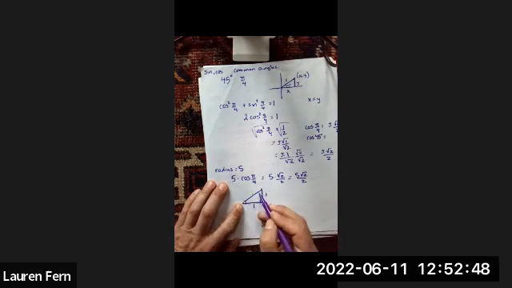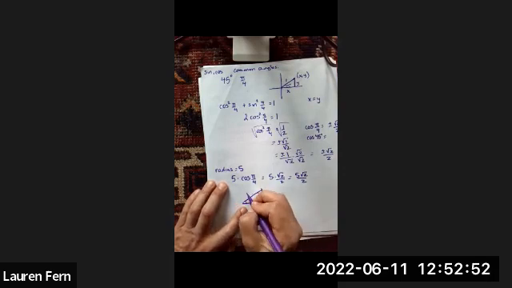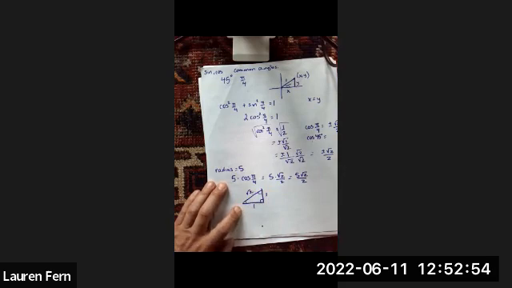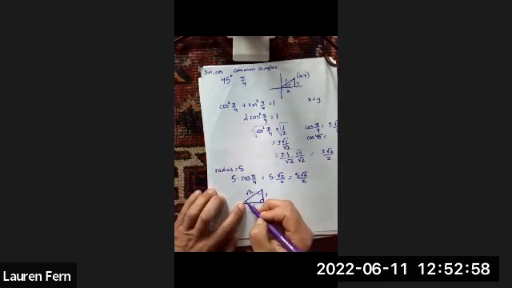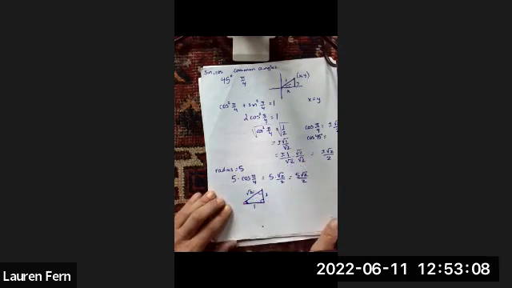Again, this is an isosceles triangle. These two lengths are the same. These two angles are the same. Using our Pythagorean theorem, we get square root of 2 there. Notice that the sine is y over r, which is 1 over the square root of 2, which is root 2 over 2, as is the cosine.